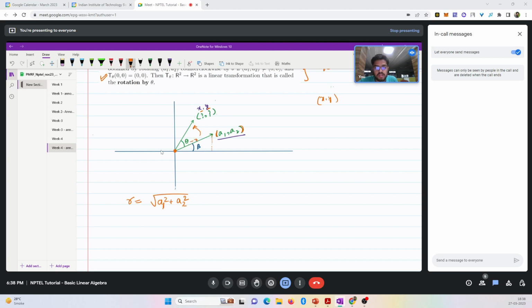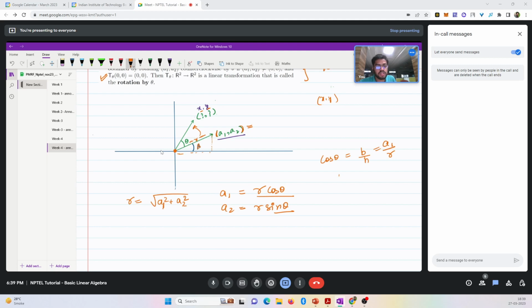Let's say this is length r, and this is angle beta that it is making with the positive x-axis. Then a1 can be given by r cos beta, because cos is base upon hypotenuse. Over here your base is a1 and the hypotenuse is r, so a1 is r cos beta. Similarly, a2 is r sin beta.